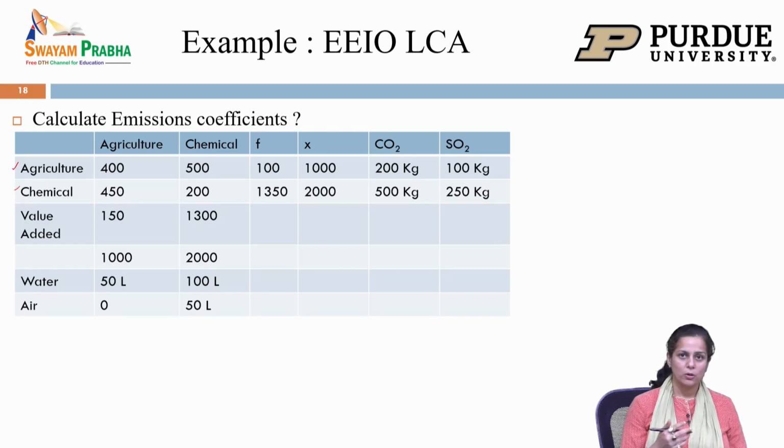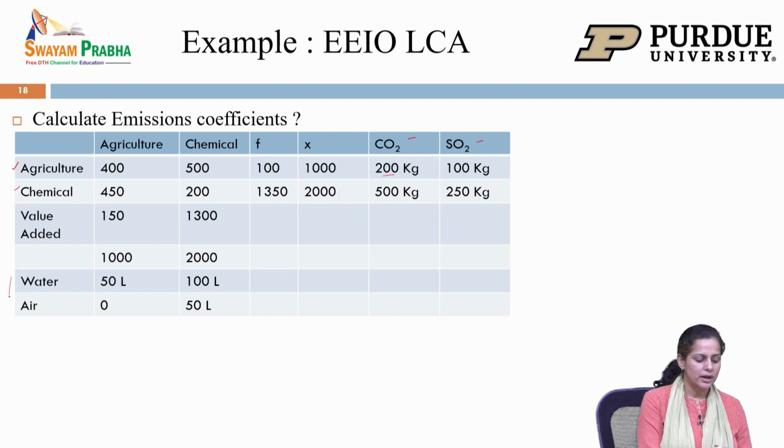Now I have augmented the model with two pieces of information on CO2 and SO2 in terms of kgs. So that is the emissions matrix, and we have 200 kgs of CO2 from the agriculture sector and 500 kgs of CO2 from the chemical sector for producing $1,000 and $2,000 of throughflow, and final demand of 100 and 1350, and SO2 similarly.